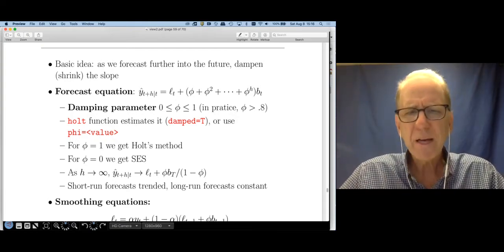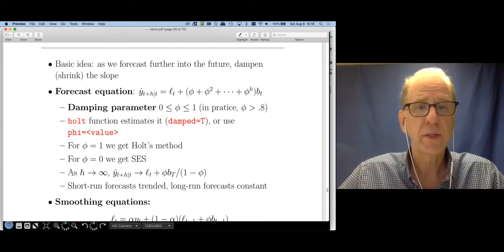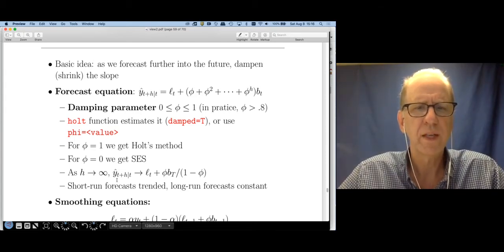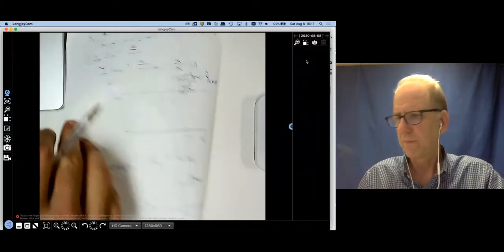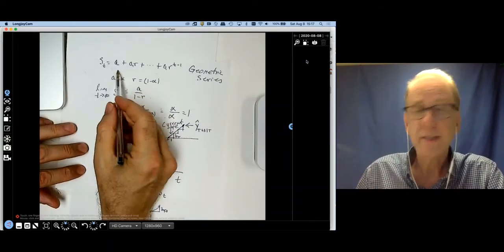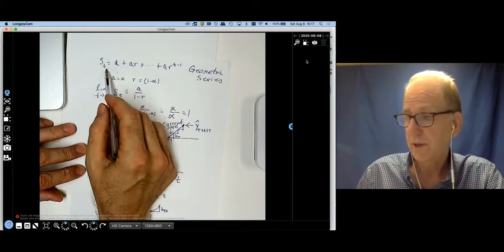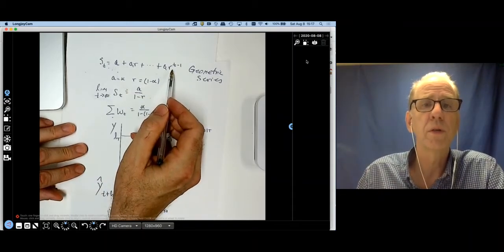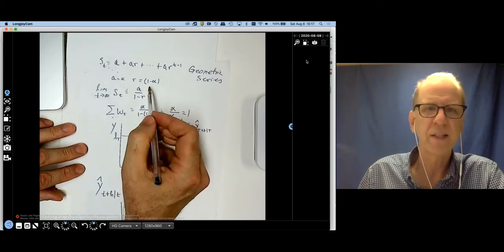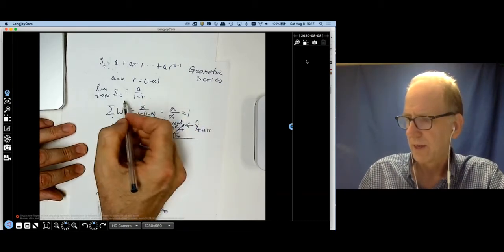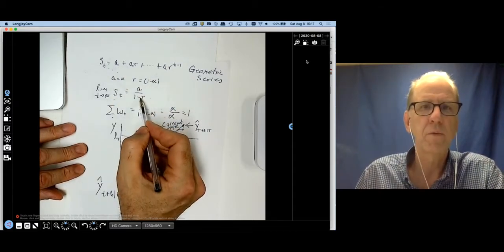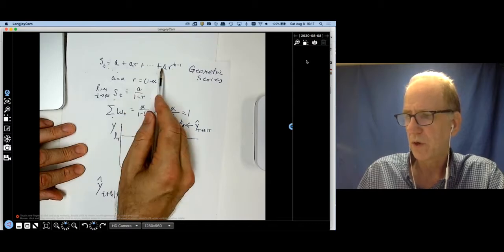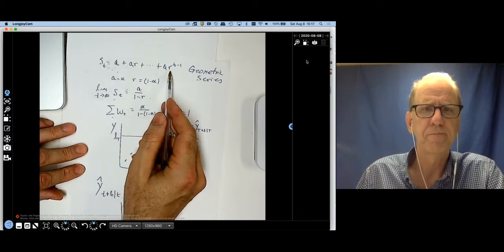All right, now I mentioned that the forecasts are going to approach a limit. Well, what is that limit? It's another geometric series, and so let's just go back to my document camera. I stated in my previous video, here's a geometric series, and what you learned in possibly high school was that the sum of this is whatever this constant is divided by 1 minus whatever this r is that's getting raised to the power.